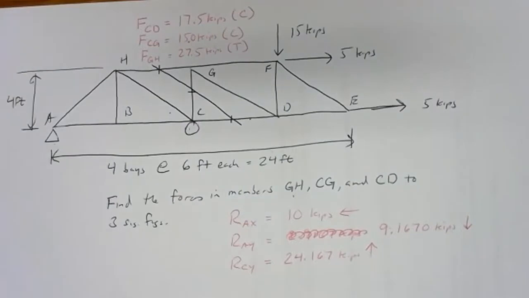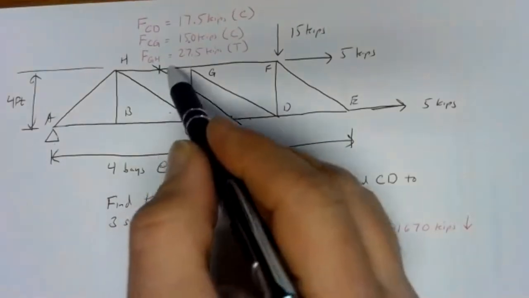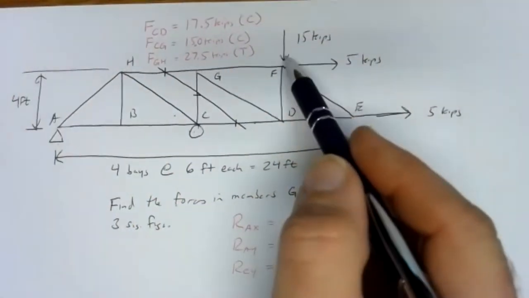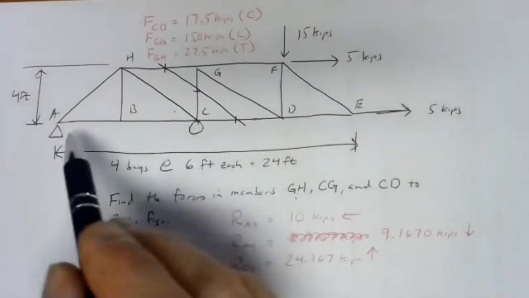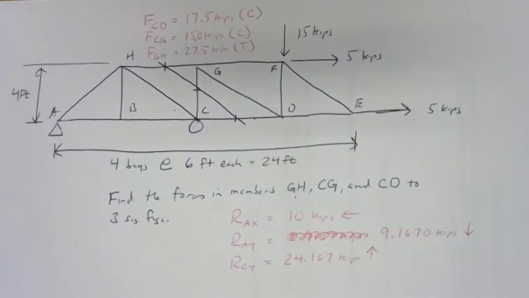We haven't seen a problem yet that does this, where we can cut through and actually close around something that doesn't touch any of our supports. Essentially, we can close through a floating section of the truss. And if we close to the right, we'd interact with these 15, 5, and 5 kip forces, but we wouldn't actually interact with our supports.